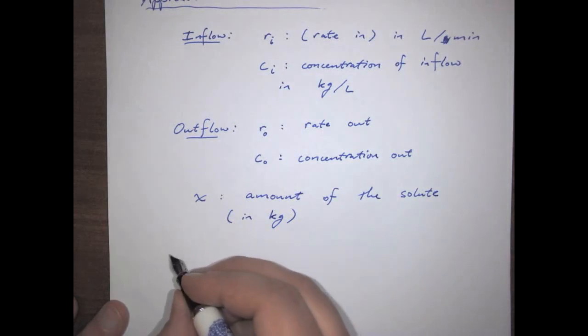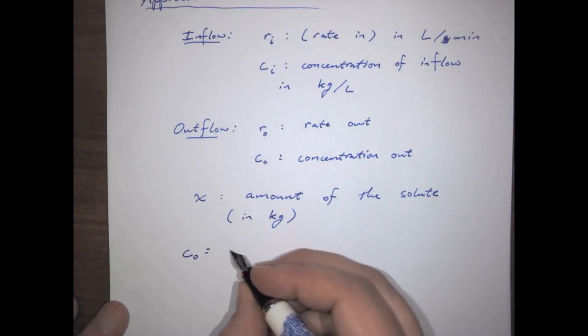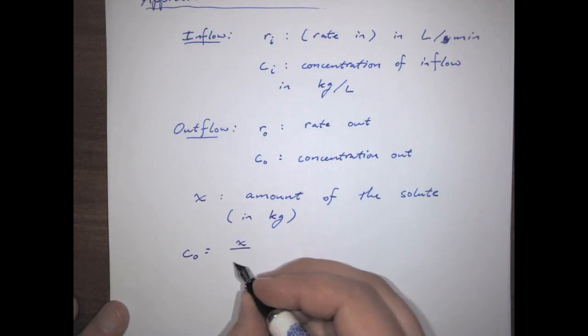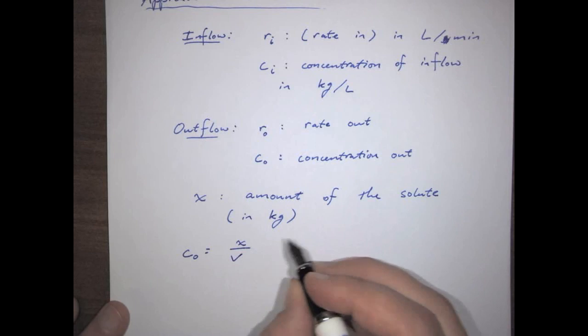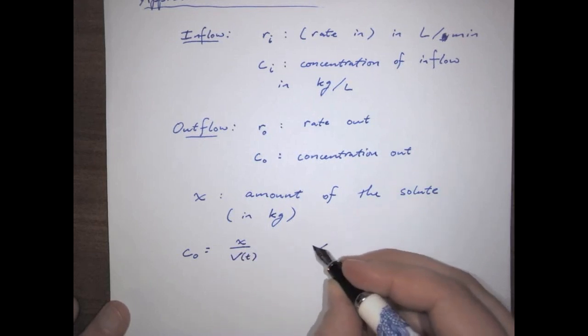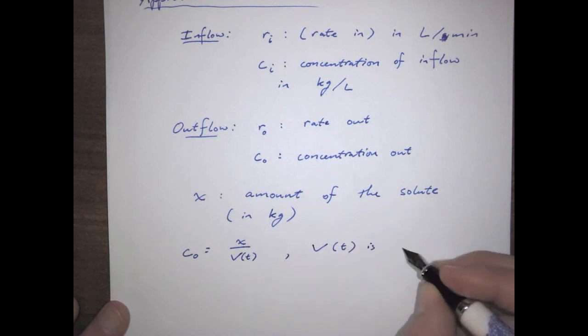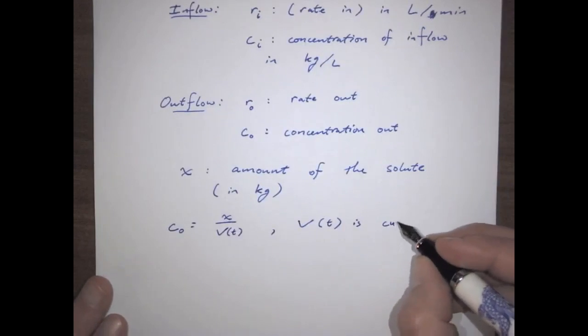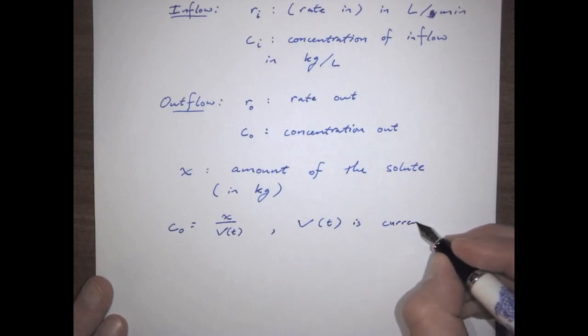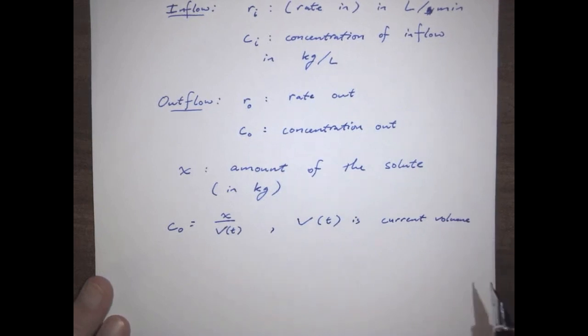Then concentration out is going to then be X divided by V of T, where V of T is the current volume.